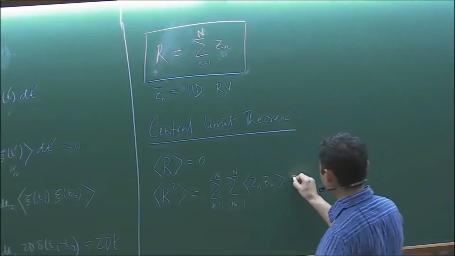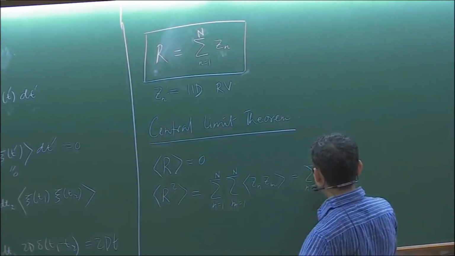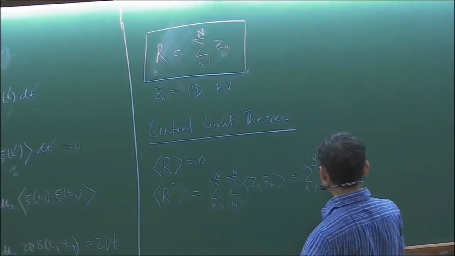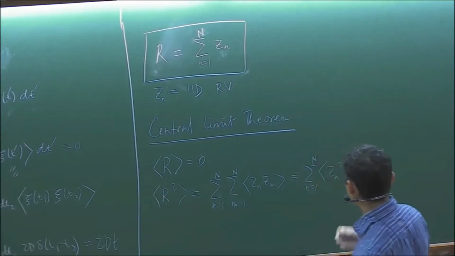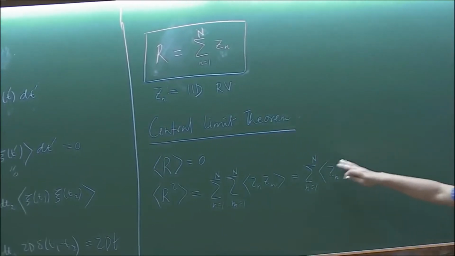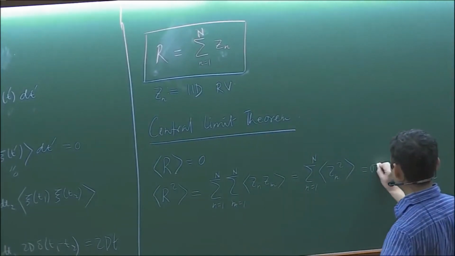Right? So this is the same as the sum over n equal to 1 to N of Z_n squared. So it has some variance, let's call it sigma squared. So this is sigma squared N.